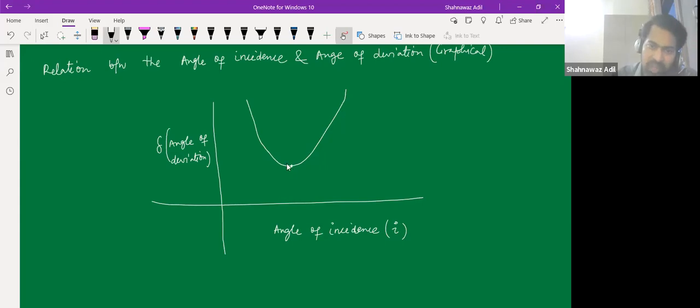If I move left towards this one, and if I move right towards this one, all these values are, you tell me. So what about this position? What is the value of delta at this position? And let's say this is 30 degree, this is 20, 30, this is approximately 40, 50, 60, 70, and 80. So, what can you guys tell me about this point?